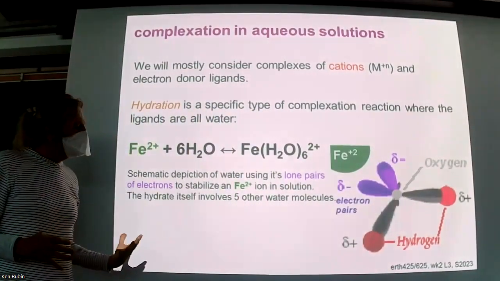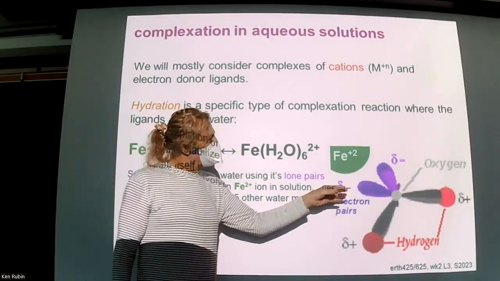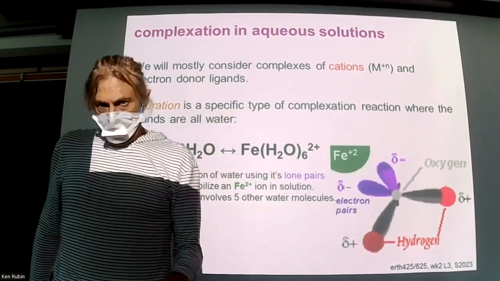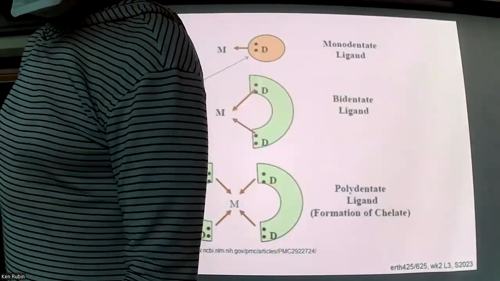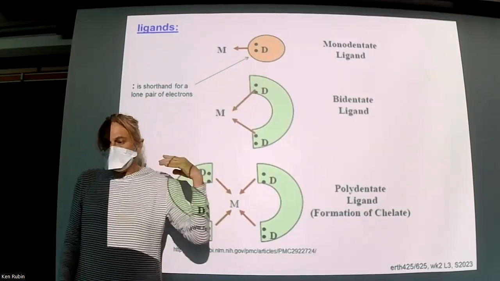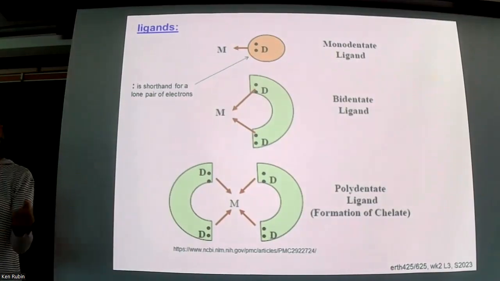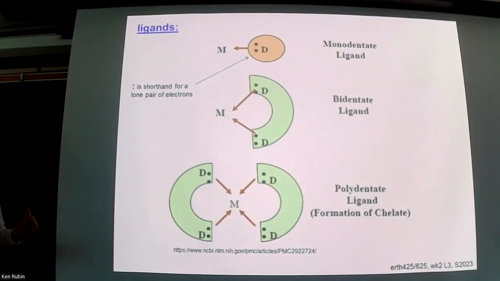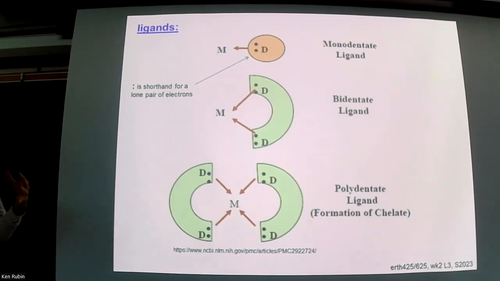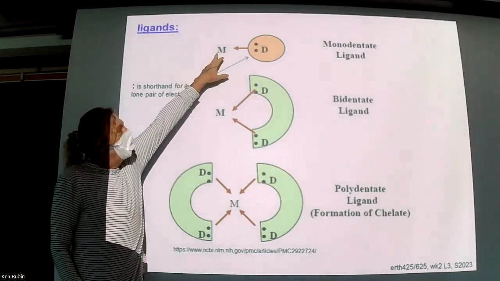But in general, a molecule can't donate 2 sets of electrons. They're just too close together. So that would still only donate 1 set of electrons, and the ligand would be depicted like this. It's monodentate, meaning it's got 1 pair of electrons in its Lewis base component that it can donate to something that is a Lewis acid, in this case shown as M for a metal.